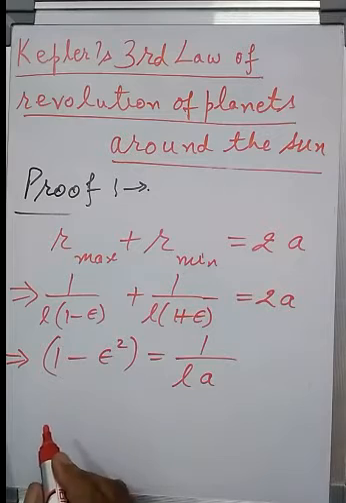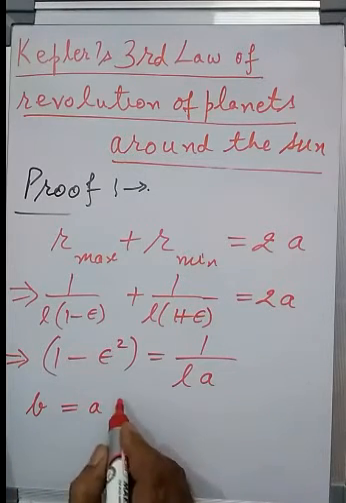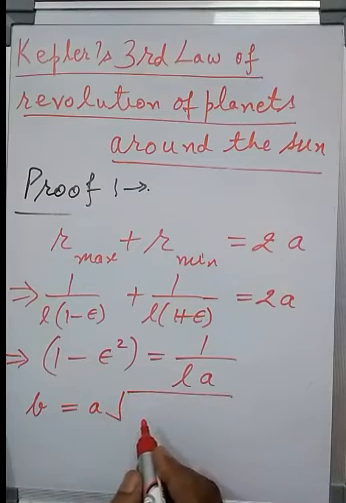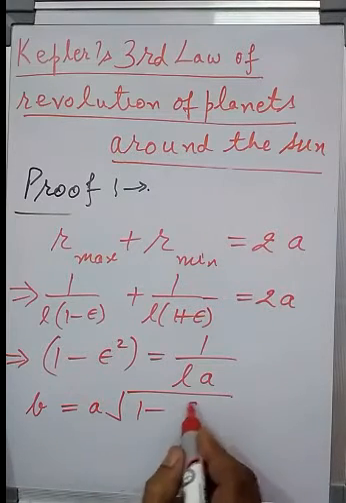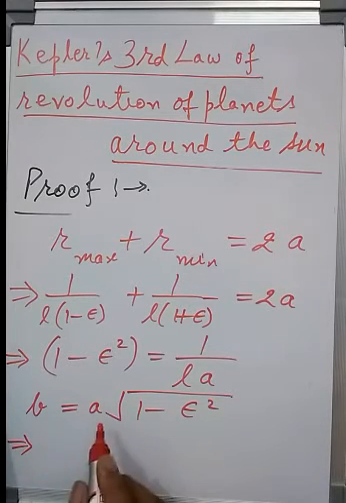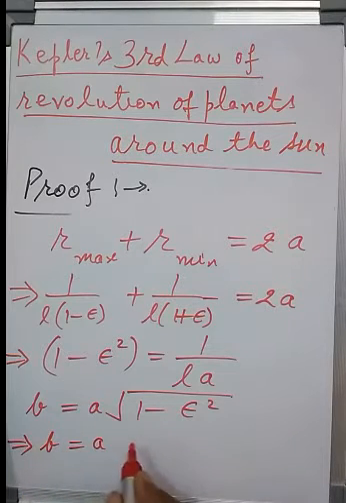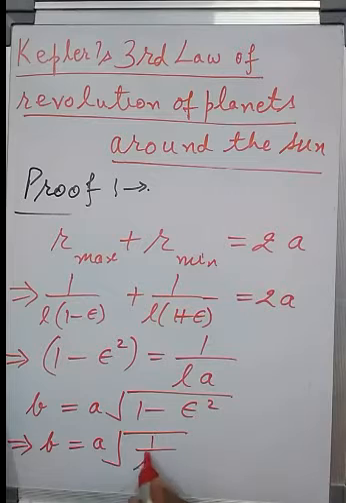Now, the semi-major axis and semi-minor axis are related to each other by the relation b equal to a into the square root of 1 minus epsilon squared. This is a mathematical relation between the semi-major and semi-minor axis. From here I can find b equal to the square root of 1 upon l times a.